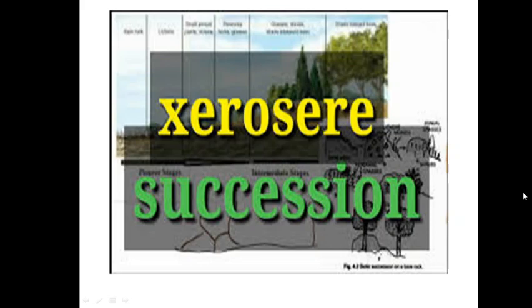Now let us discuss Xerosere succession. In this, what is meant by Xerosere and the types of Xerosere. Here the succession begins from a bare area with acute shortage of moisture in the soil.